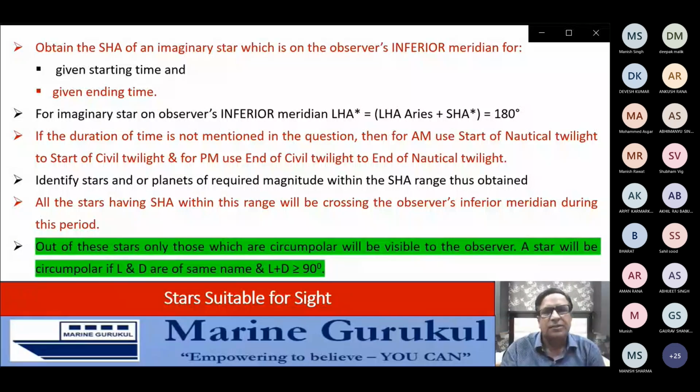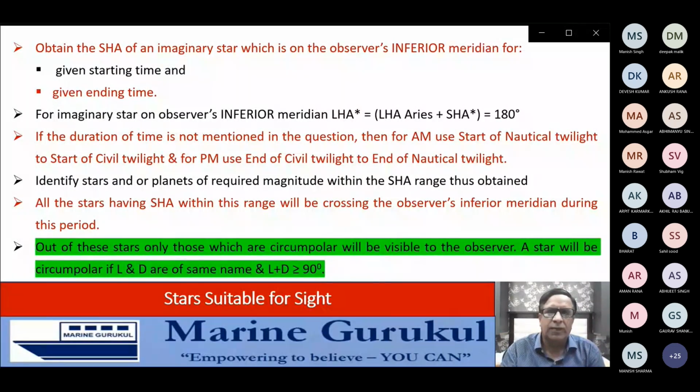Out of these stars, only those which are circumpolar will be visible to the observer. Because when the celestial bodies cross the observer's inferior meridian, they shall be above the observer's rational horizon only if they are circumpolar. Otherwise, they will be below the horizon. So only those stars and planets which happen to be circumpolar shall be visible if we have to ascertain the visibility issue.